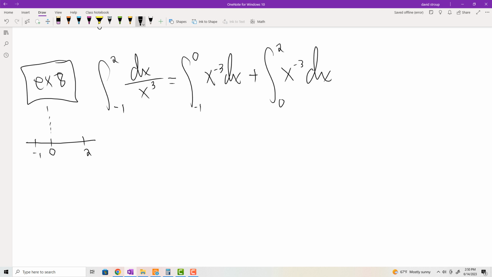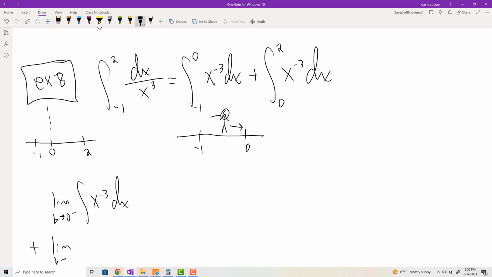So the first integral, I'm on the interval from -1 to 0. And so when you do the limit, you're going to be pushing towards the discontinuity 0 from, this time, the left. Okay, so in that case, you'll have a limit as b goes to 0 from the left of the integral of x to the -3 dx. And then I want to add that to the limit as b goes to 0 from the positive direction in the other integral.